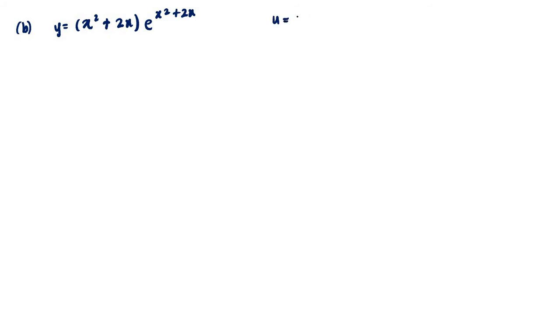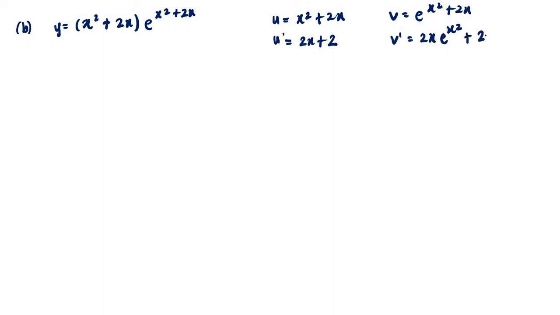Our u is equals to x squared plus 2x. Our v is exponential of x squared plus 2x over here. Okay, so u prime kita dapat equals to 2x plus 2 and v prime is equals to 2x e^(x squared), differentiate yang dekat atas ni. So we got 2x over here, and then we're gonna have plus 2 kat sini.